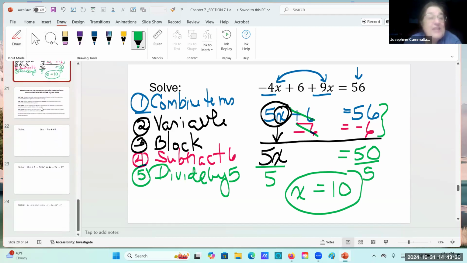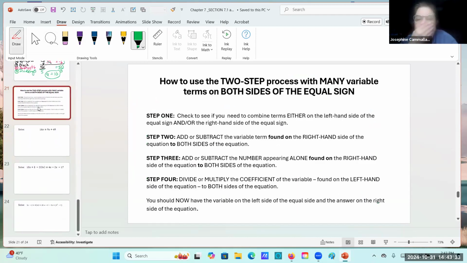Now, this slide here is when we have many variables on both sides of the equation. Okay, this is where you're going to have to be real careful. First off, we're still going to see if we have to combine terms. We've been doing that. But notice when we combine terms, we do not change signs.